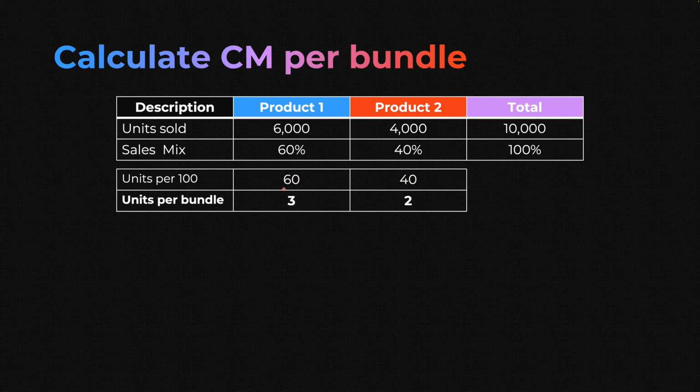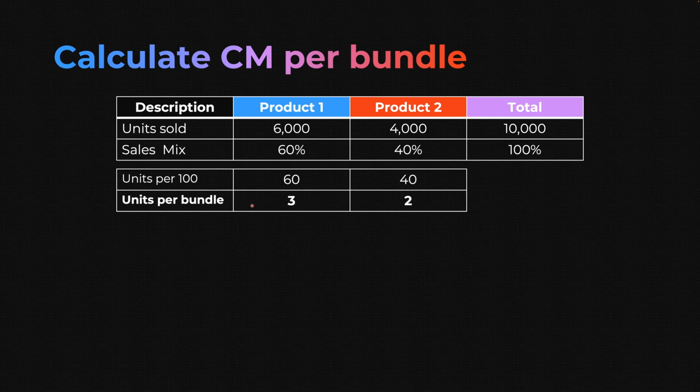We could reduce this even further. You could ask yourself, well, what is the units per bundle? A bundle being what is the smallest number of units we can sell but maintain the ratio of 60 to 40% as it is in this example.